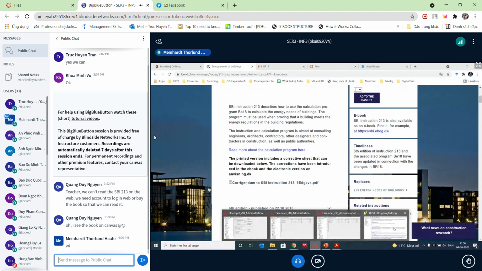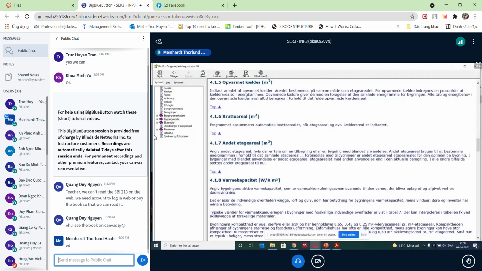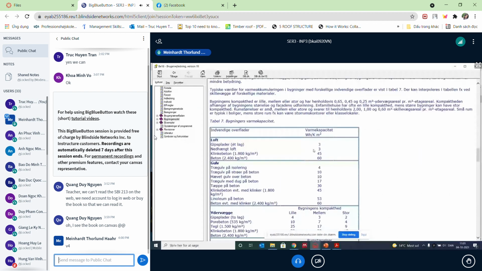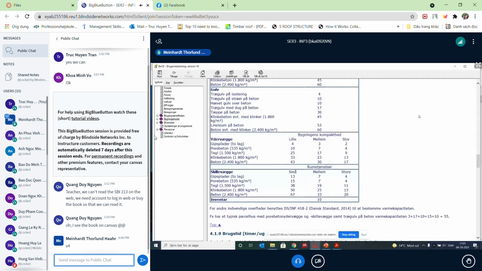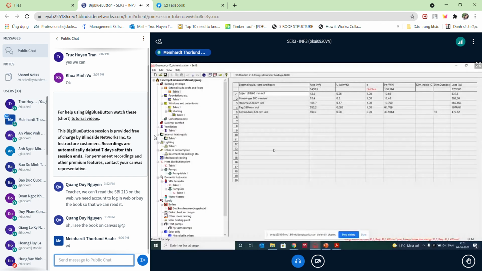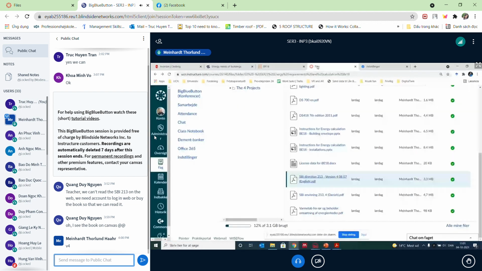And if it's too old a version, the way we used to calculate heat capacity will be a different way, and I'm not sure that you actually can calculate it. So what I would suggest is that when you read in the book, you use this one.